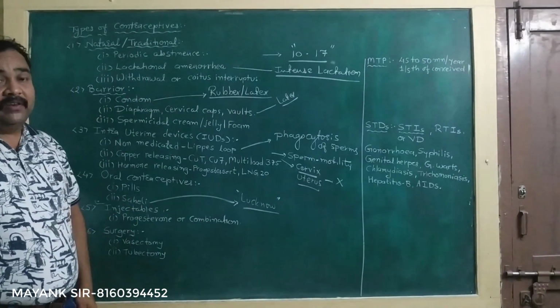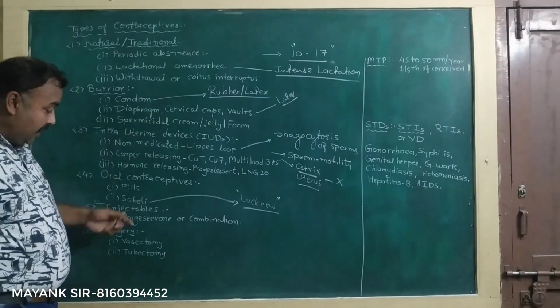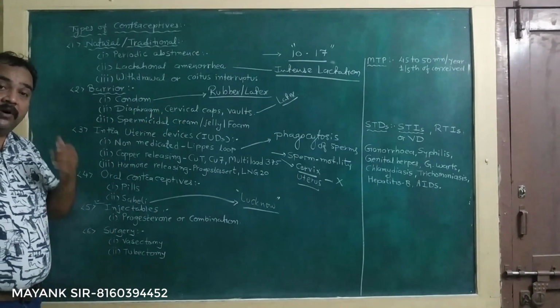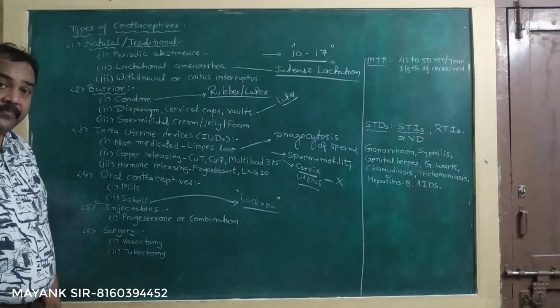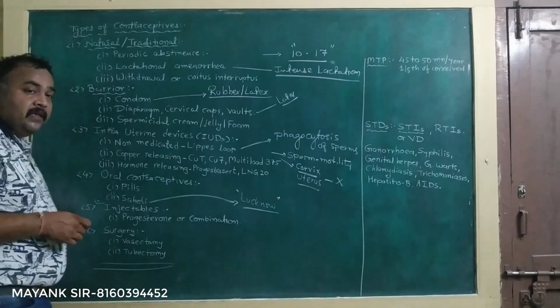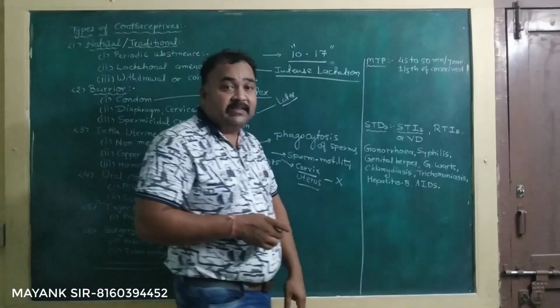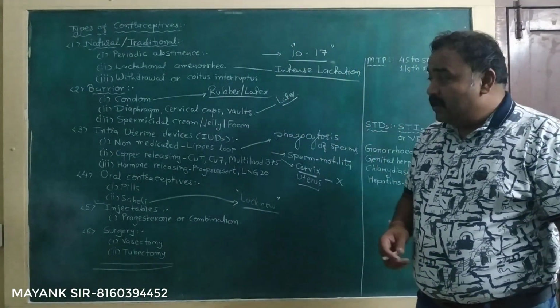So these were the different kinds of contraceptives. But the last one is called the surgical methods. Surgery is of 2 types. The first is called vasectomy and the other is known as tubectomy.